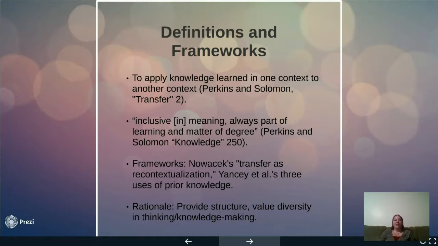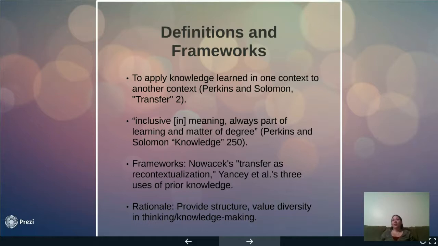Yancey, Robertson, and Taczak also develop 3 uses of prior knowledge, this being assemblage, where new knowledge is not integrated, but instead just stuck onto prior knowledge. We have remix, where the two are integrated successfully and put together, and they change each other.